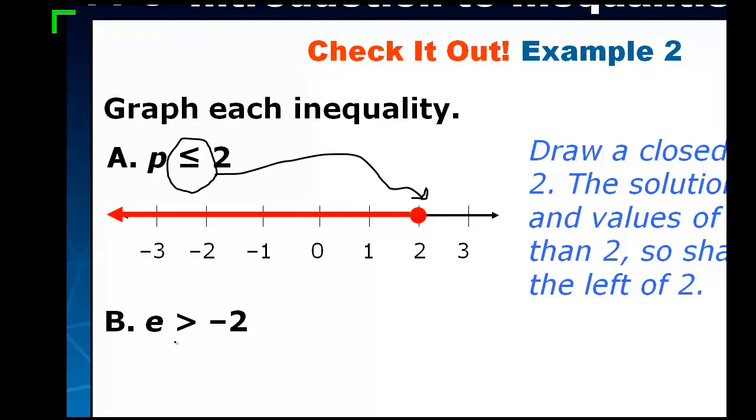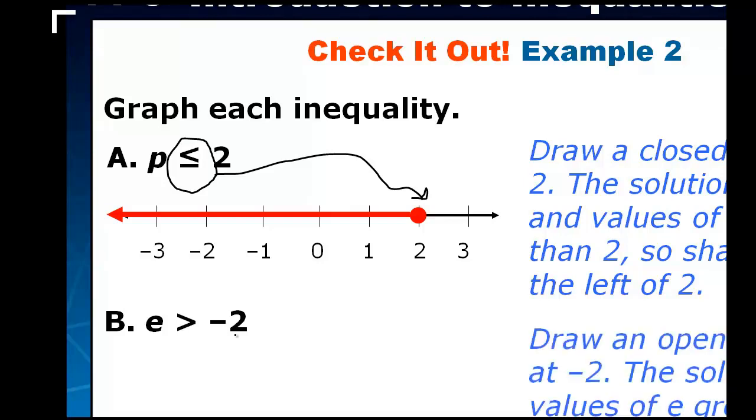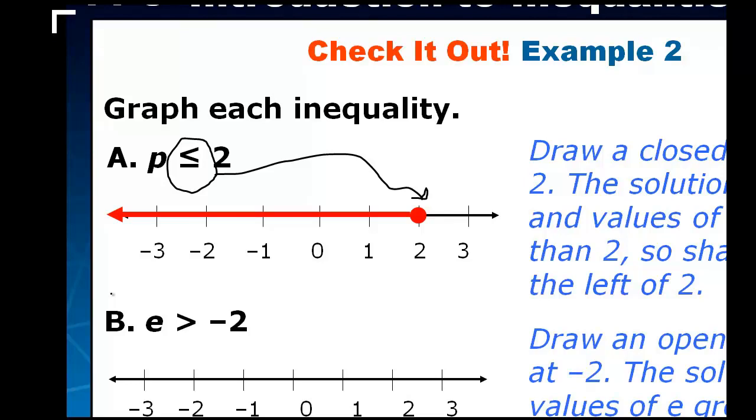Here we have E, it's bigger than -2. What will we do? We will draw the number line first. We will go for -2 and draw an open circle or closed circle? We will draw an open circle. Why open circle? Because this one is without equals. It's only bigger than -2.